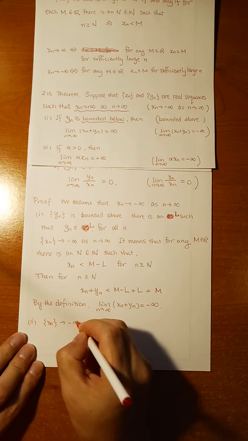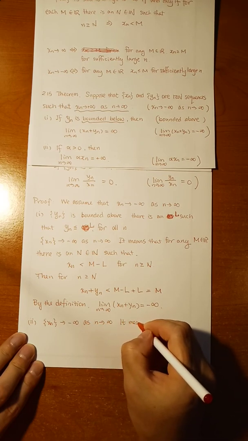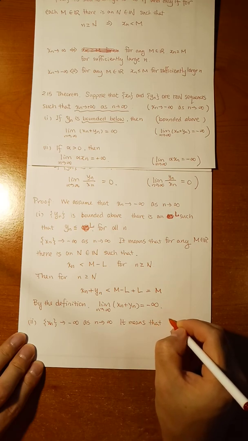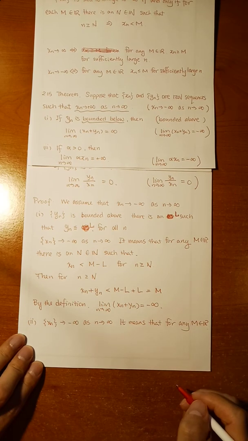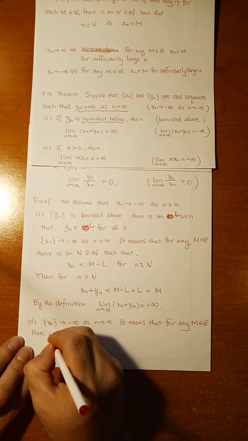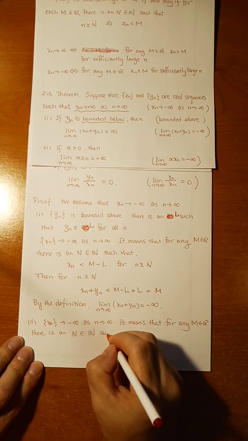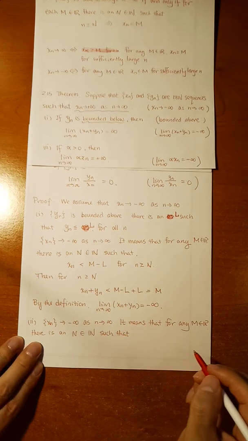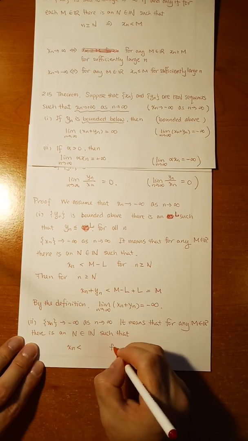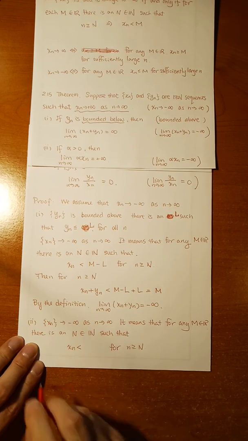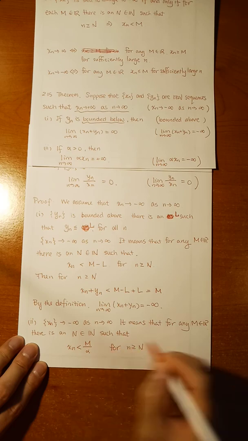Well, first of all, let's still copy this. xn approaches negative infinity as n approaches infinity. It means that for any M in R, there is a capital N in the natural numbers such that xn is less than whatever for n greater than or equal to capital N. Remember, because there's a coefficient, so we put M over alpha.